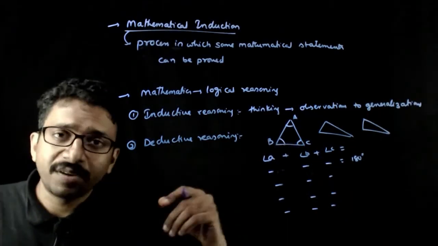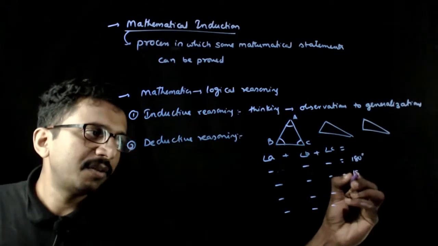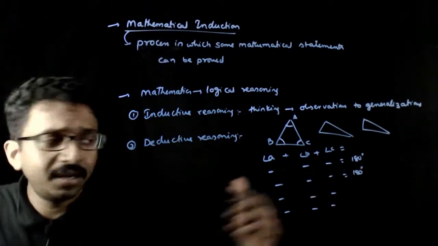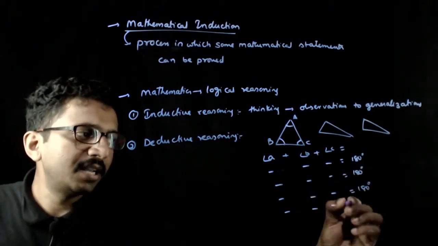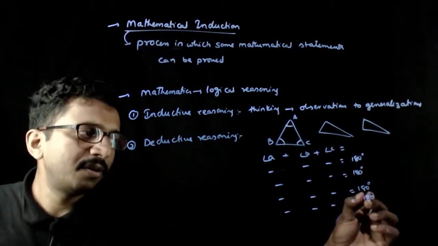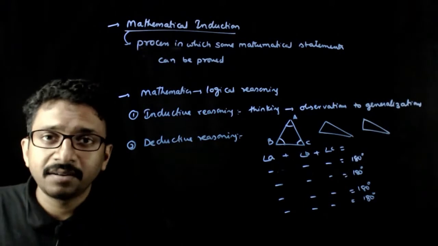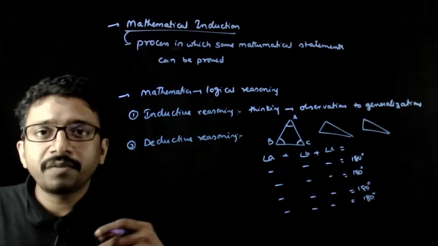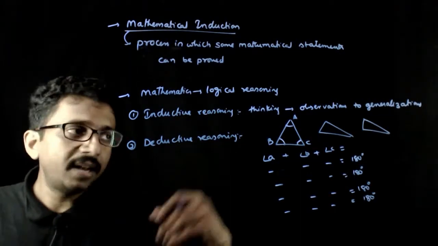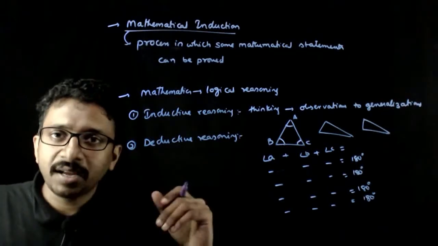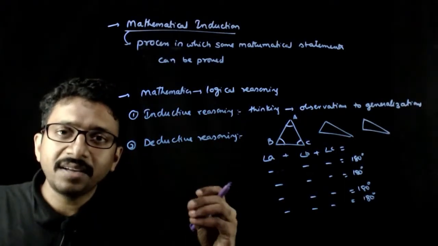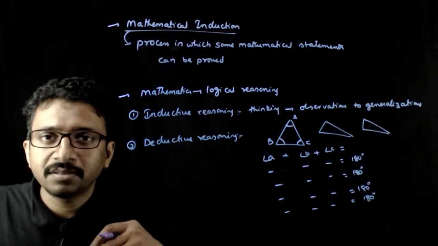The sum of angles of the first triangle is equal to 180. The second, the third and the fourth are also equal to 180. So you get excited. You take 10 more triangles and add the angles, and in each case you find that it is always equal to 180 degrees.